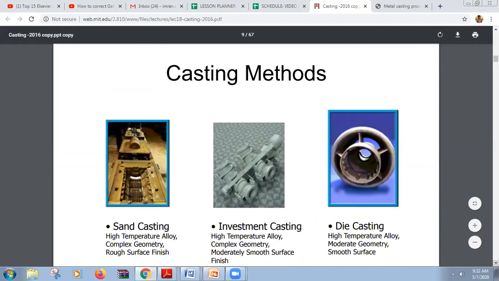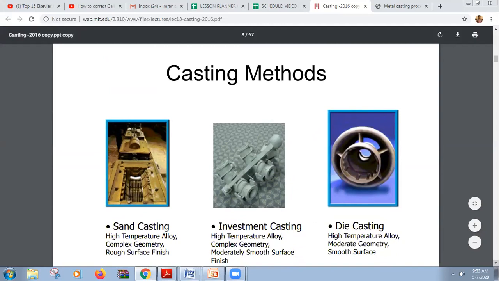Casting is basically the oldest method of making parts in mechanical manufacturing. Earlier, at the starting of manufacturing, people used to melt metal and then pour it into a cavity, giving the shape they desired. So the desired shape and size was given by the application of casting.